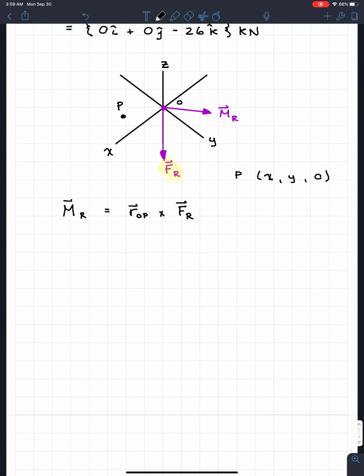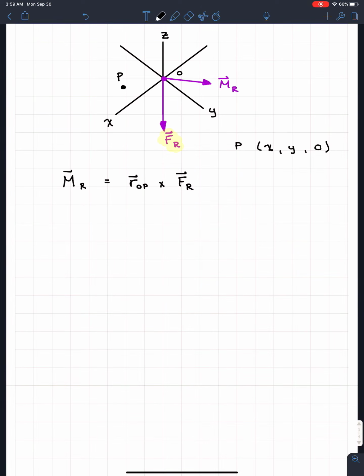So what I recommend now is solving for the coordinate points like we did before. We're going to set up our matrix and we're going to solve systems of equations in the end. But before we do that, we have to find the position vector r_OP. Well, it's actually pretty easy, because it's r_P minus r_O. And remember, since O is the origin, everything is 0, so we can just cancel that out.